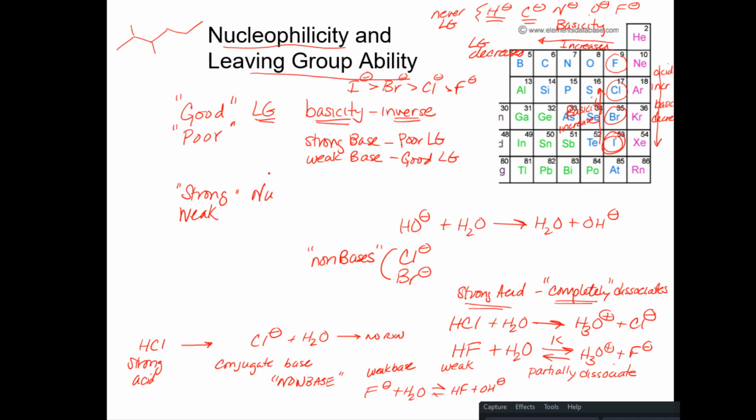Now, what about the idea of a strong nucleophile? Well, nucleophile strength is going to depend on your relationship on the periodic table. And you may say, what are you talking about? So now let's talk about nucleophilicity, which is strength of nucleophile.